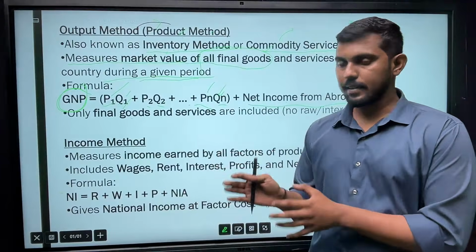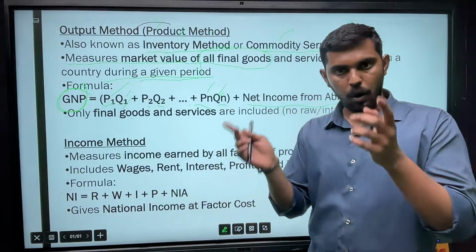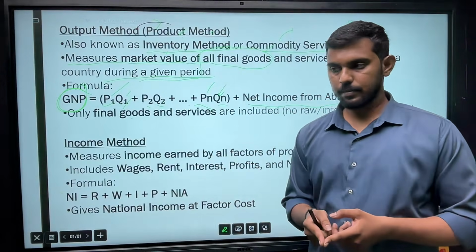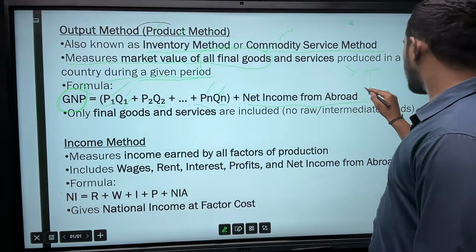So national income, right? We have to calculate all other sources also.